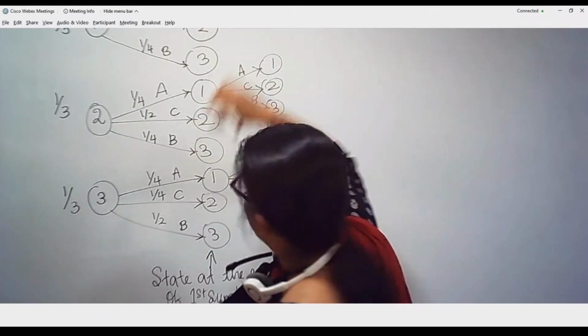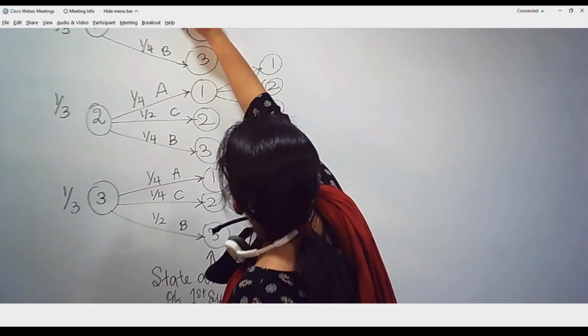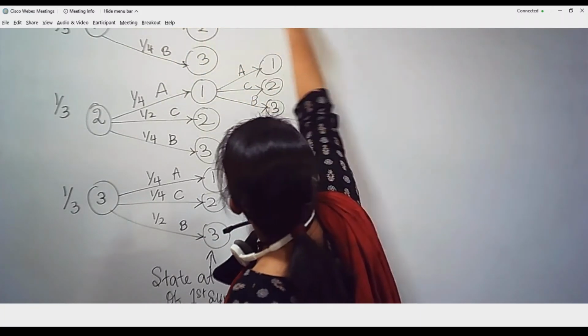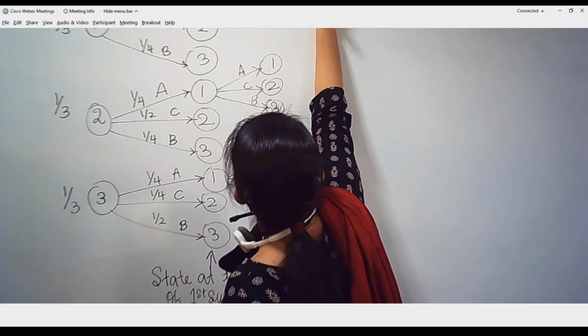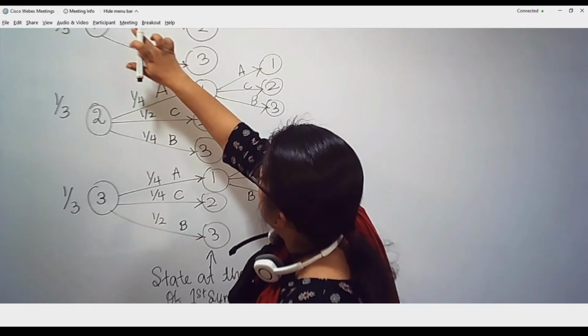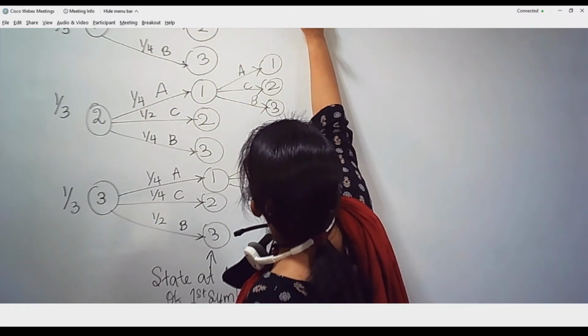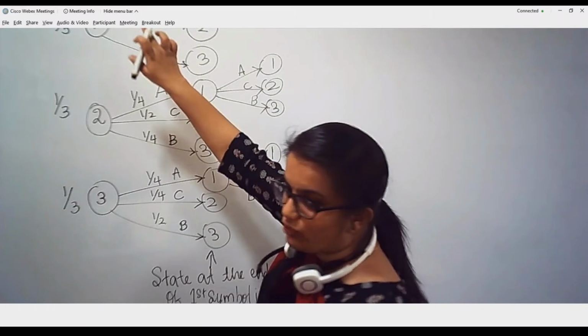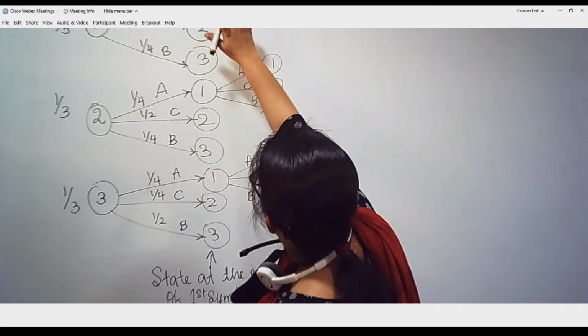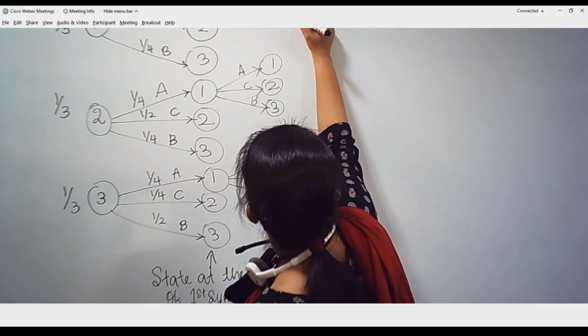So these are the 3 possibilities where, after the first letter A, I can change it to these 3 possibilities. If I move from 1 to 1, then 1 to 1, I get the message called AA. If I move from 1 to 1 and 1 to 2, I get a message called AC. If I move from 1 to 1, 1 to 3, I get a message AB.